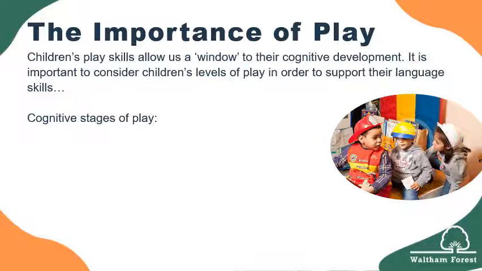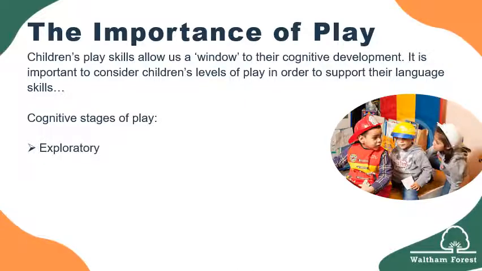Children's play skills allow us a window into their cognitive development. So it tells us lots of information about the way a child is learning and developing and understanding the world around them. Play is also closely linked to a child's language development. Children move through several different stages of play.